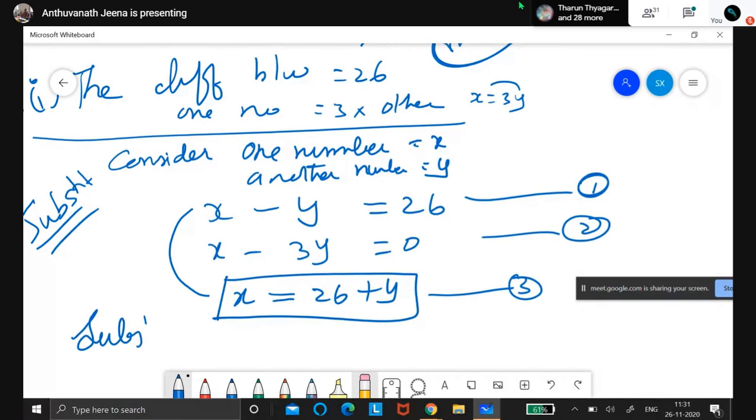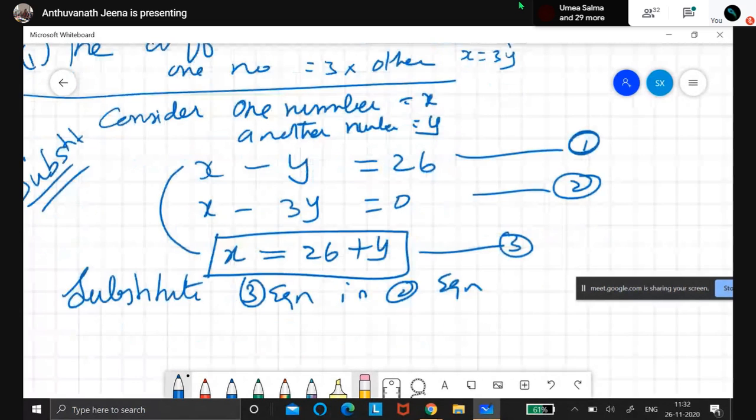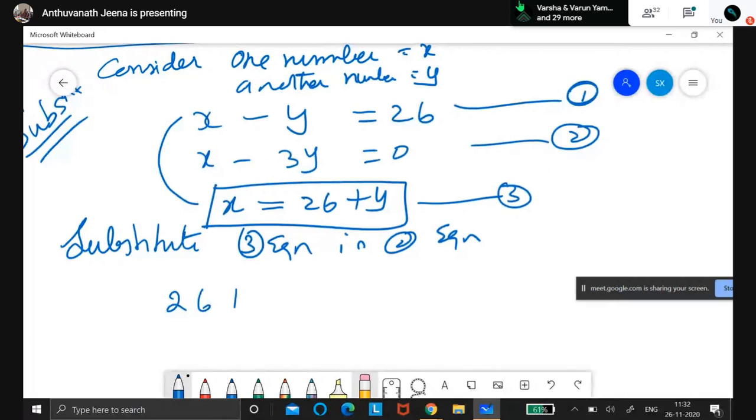Substitute the third equation in the second equation. So wherever x is there, I will put 26 plus y minus 3y equal to 0. So plus y and minus 3y will become minus 2y.